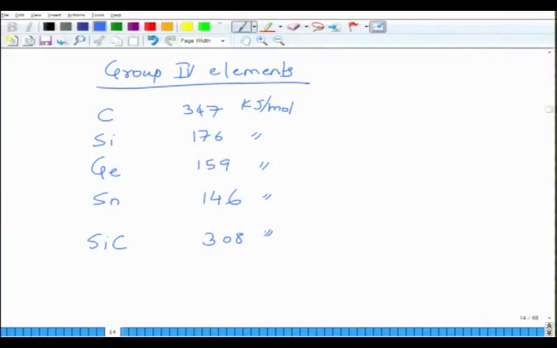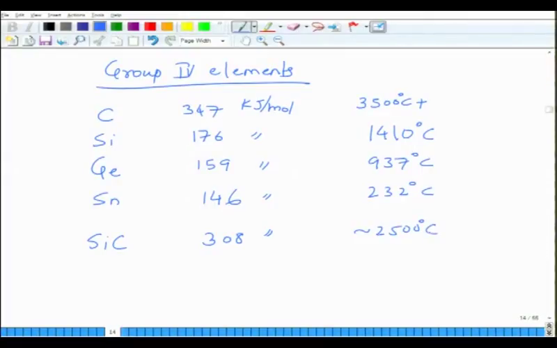If you look at the values of melting point, diamond is about 3500 degrees centigrade plus. It is difficult to measure diamond's melting point because it is too high. Silicon has 1410 degrees centigrade, germanium has 937, tin has 232, and silicon carbide has about 2500 degrees centigrade.